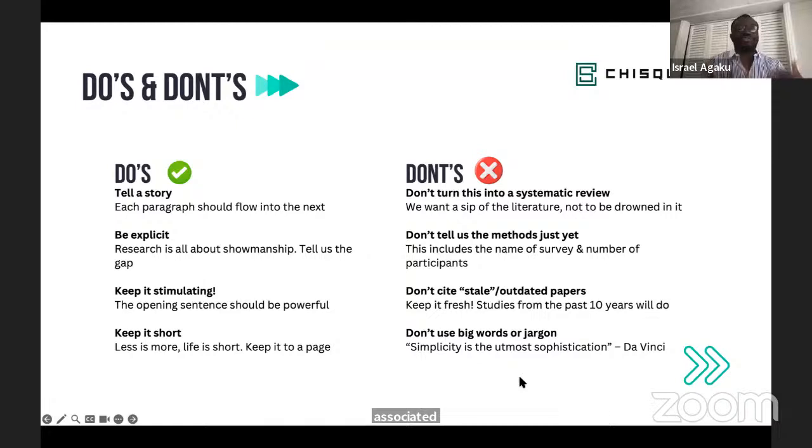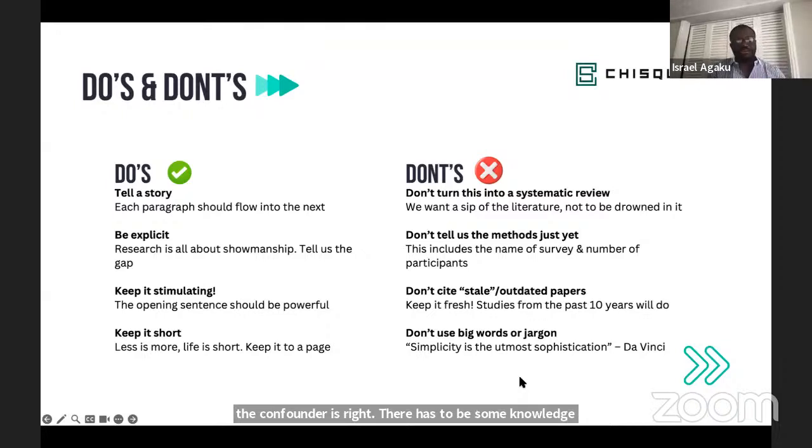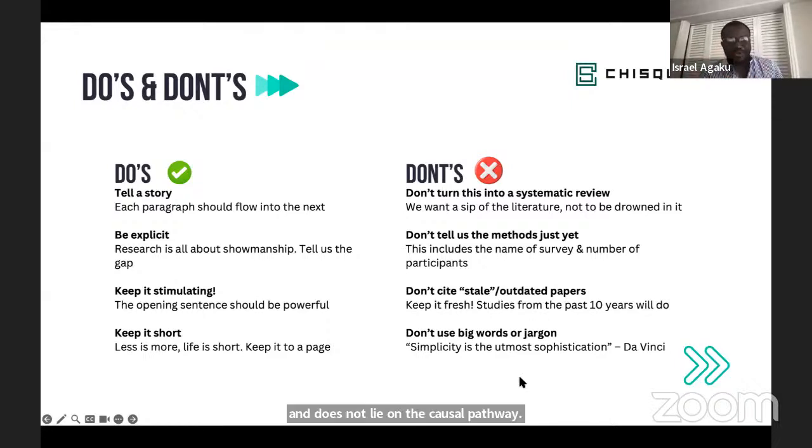So you have to understand the basis of what a confounder is, right? There has to be some knowledge of theory. A confounder is a variable that is independently associated with the exposure and with the outcome and does not lie on the causal pathway. So with your paper and pen, you're going to say, all right, as an expert, here are the variables that I envisage as confounders of a relationship, right?